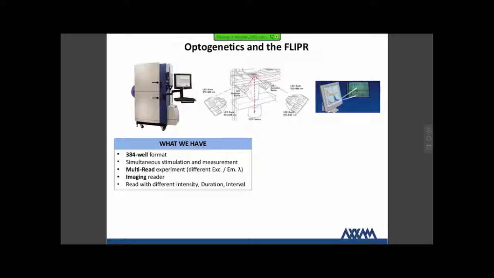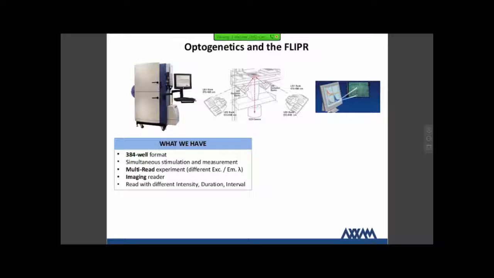So probably you know this instrument very well, but with it you have in your hands an instrument which can read in a miniaturized 384-well format. You can simultaneously stimulate and measure different wavelengths of fluorescence. Also, you can run multimode experiments, so the simultaneous measurement of different wavelengths.